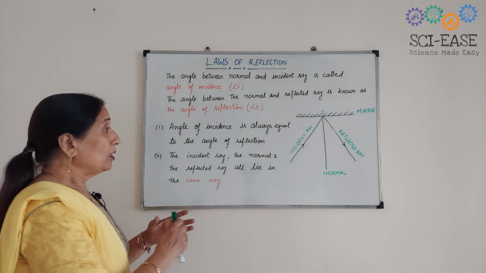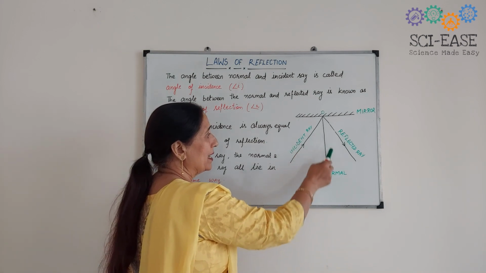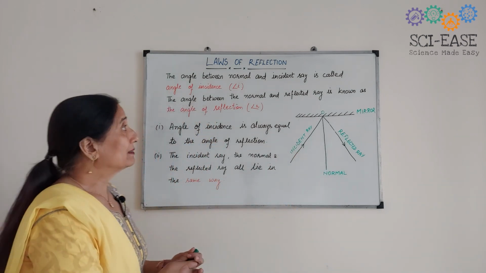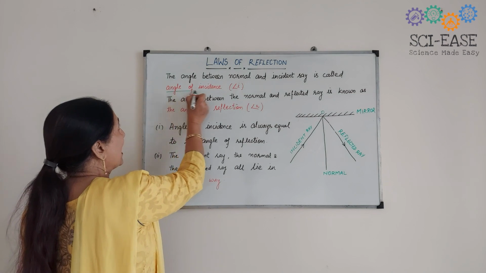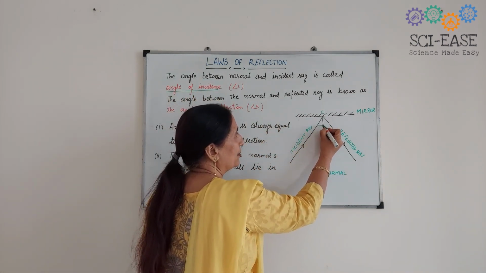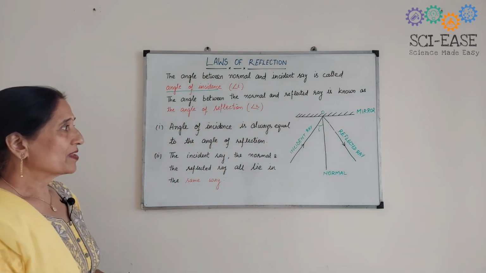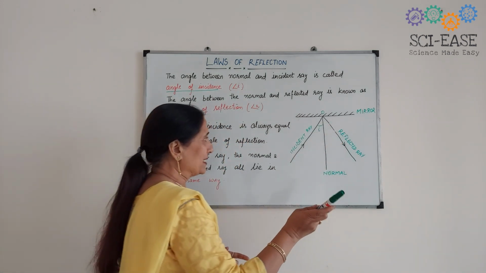Now the angle between the incident ray and the normal is known as angle of incidence, and it is denoted by angle I. I will repeat once again.